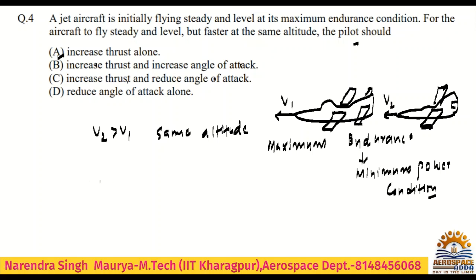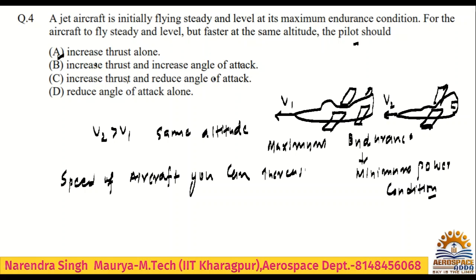If you want to increase the speed of the aircraft, you can do it by increasing thrust. That is true, no doubt, but you have to maintain the same level.